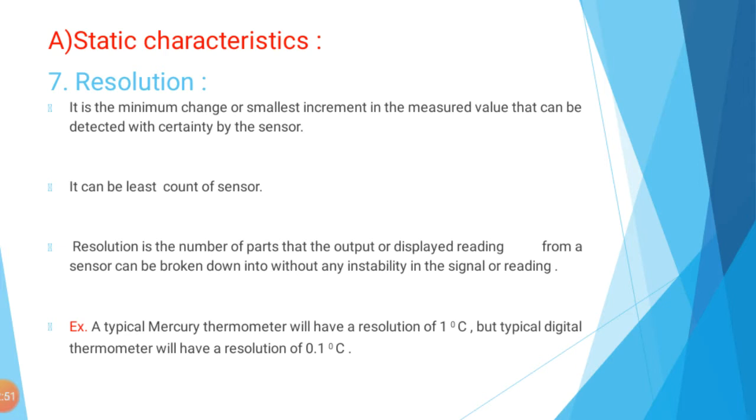It can be the least count of the sensor. What do we mean by least count? Least count means the minimum value that can be measured with the help of the instrument. Suppose we consider a scale with which we measure length, and the least count of that scale is 0.1 centimeter.